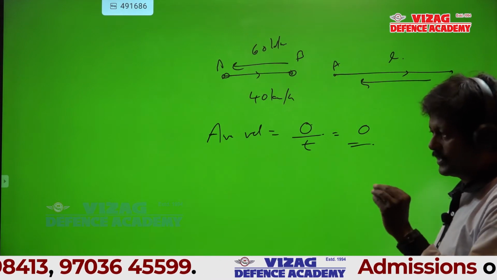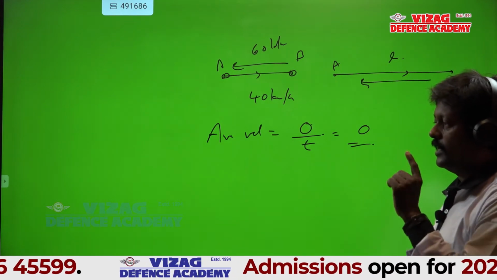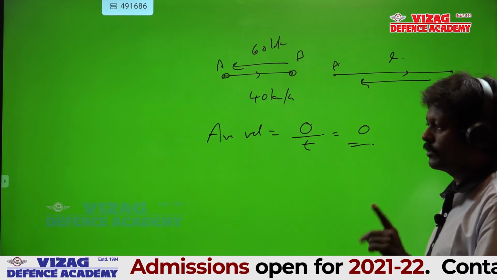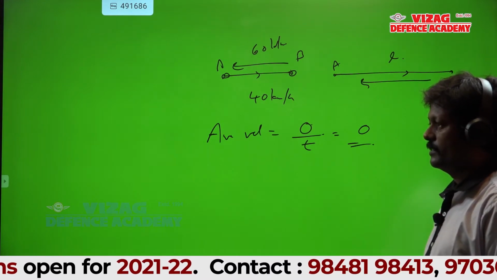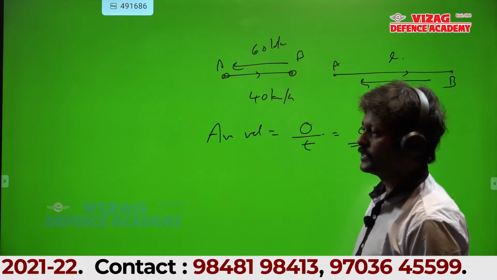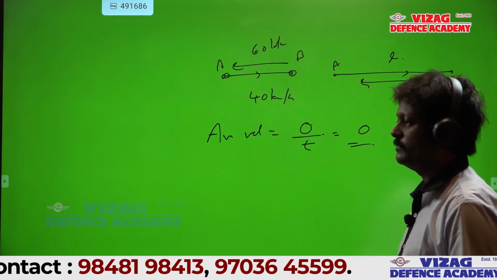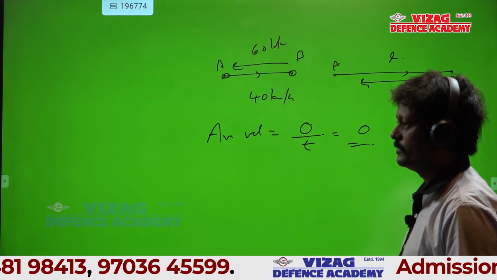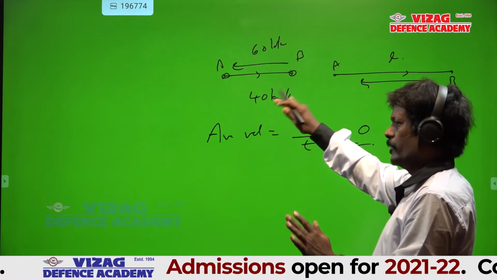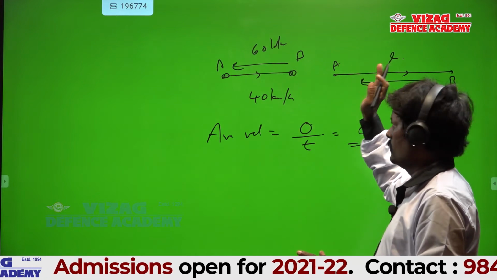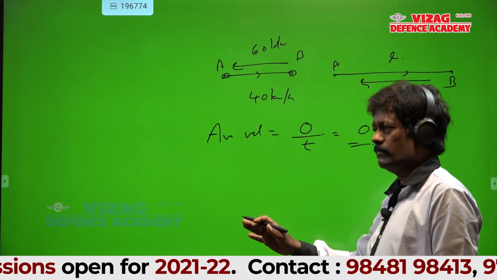What I am saying, first you listen. The car came back to the initial point or not? Yes, sir. Displacement is 0. Then total displacement 0 means what is the average velocity? 0, because the time may be something. A to B it has taken some time, B to A it has taken some other time.